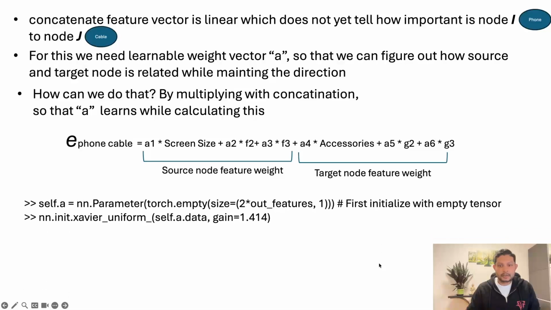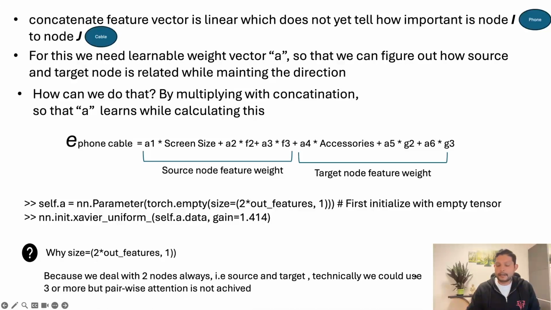This is the code snippet to do this. Probably you are asking why the size is 2 times the output feature. Think about it a bit. The answer is, well, because we always deal with two nodes.